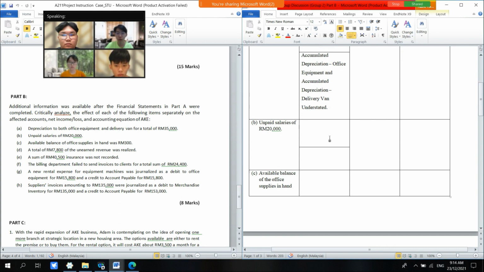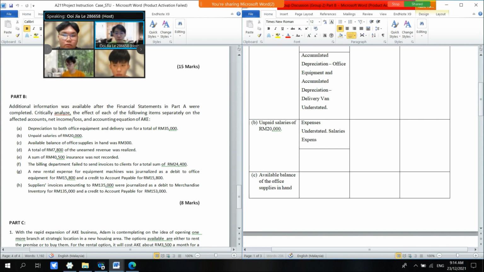For me, it is question B, unpaid salaries of 20,000. First, the expenses are understated, which is salaries expense understated. And the second one is salaries payable understated.